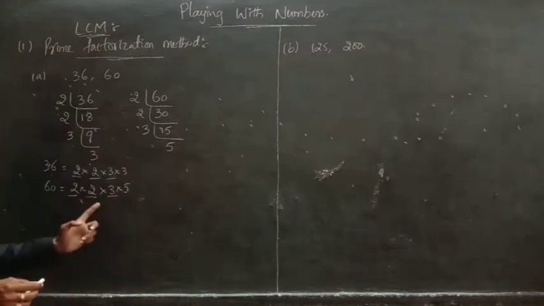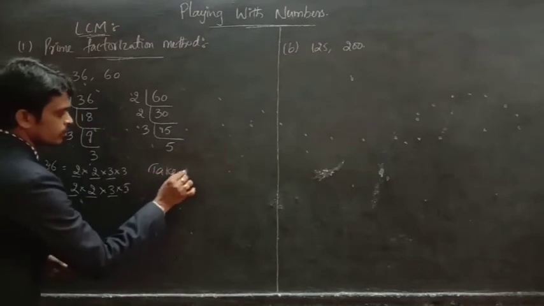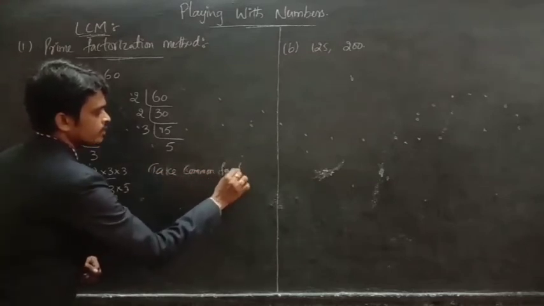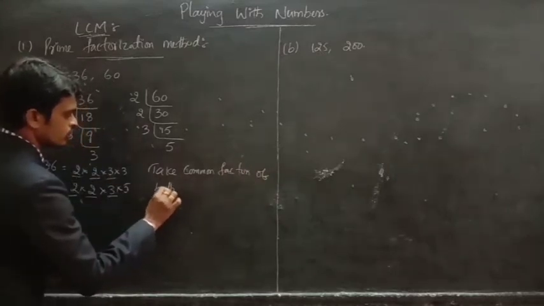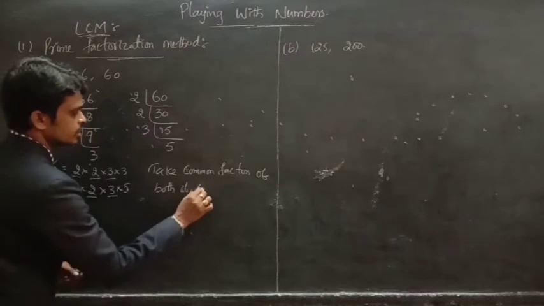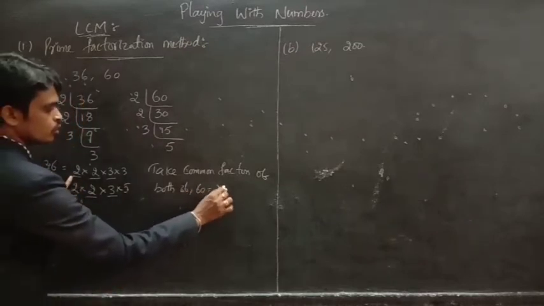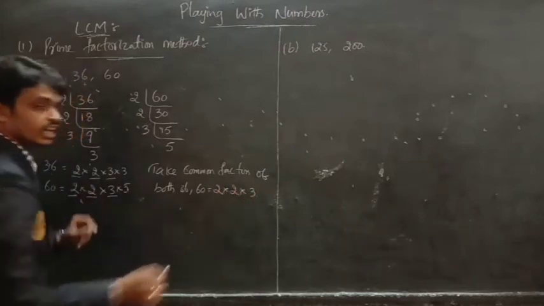The common factors of both 36 and 60 are 2 into 2 into 3.